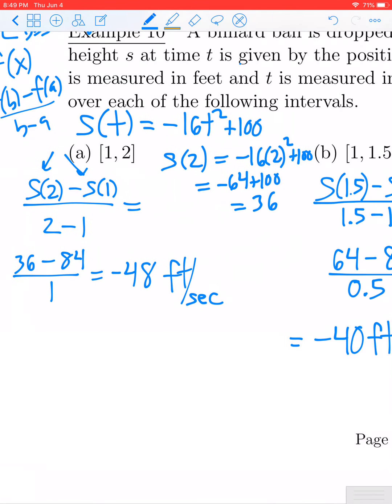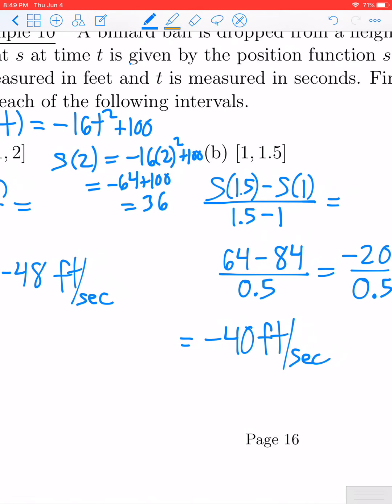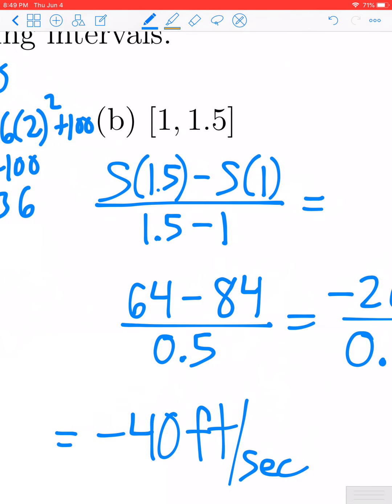Let's do this on a slightly different interval, the interval 1 to 1.5. What would be the average rate of change over this interval? This would be s of 1.5 minus s of 1 divided by 1.5 minus 1. The good news is we already found s of 1 in the previous calculation. You'd plug 1.5 into the function.